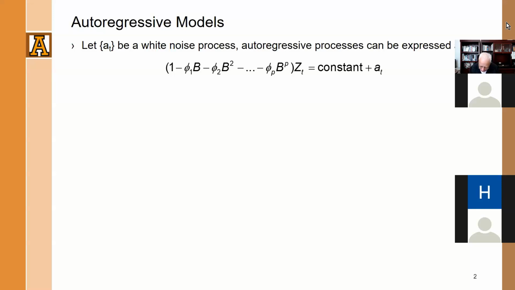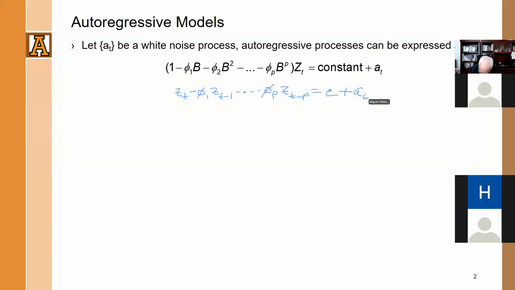Well, if you look at this model, you'll see that essentially what we're saying is that we're taking Z_t minus phi 1 Z_{t-1}, minus up to phi p Z_{t-p}, equal to a constant, I'm going to call it here c, plus a_t, which is white noise.